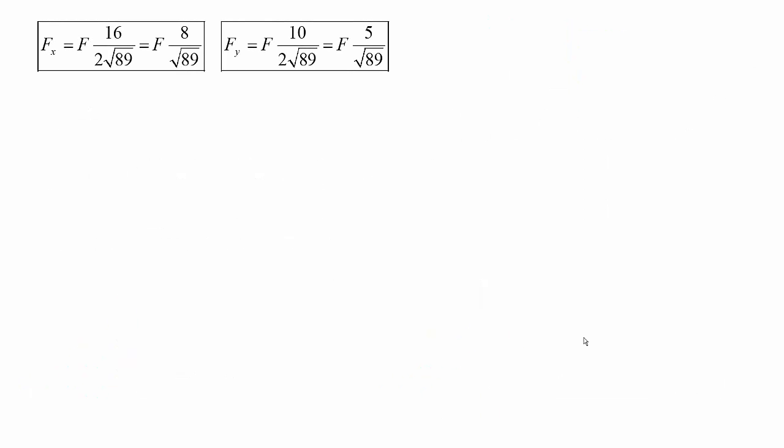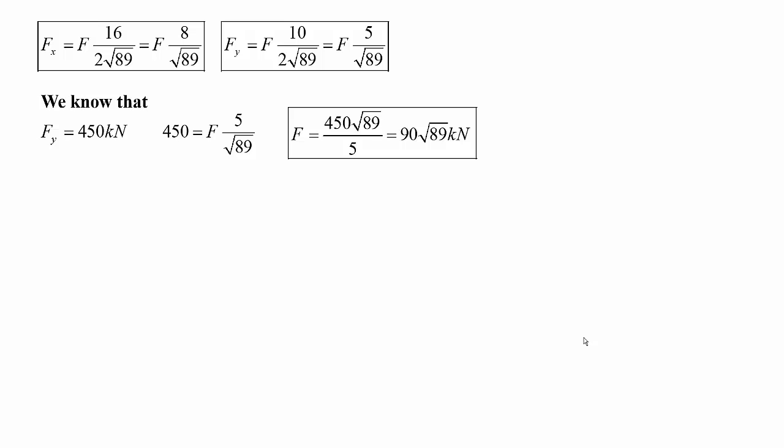Now I know Fx, I know Fy. We know that Fy equals 450, so 450 equals F times 5 over the square root of 89. Now I can solve for F.